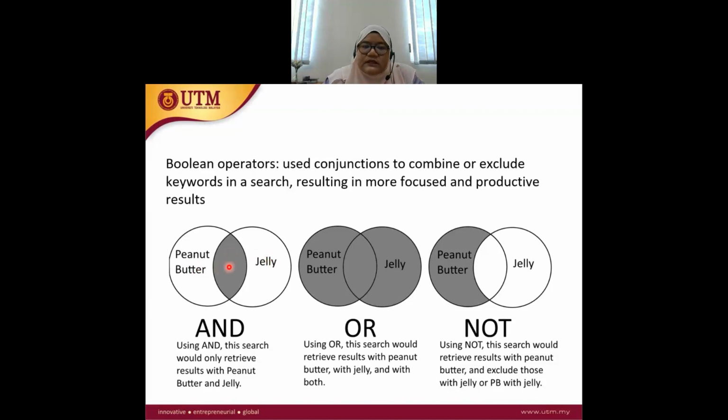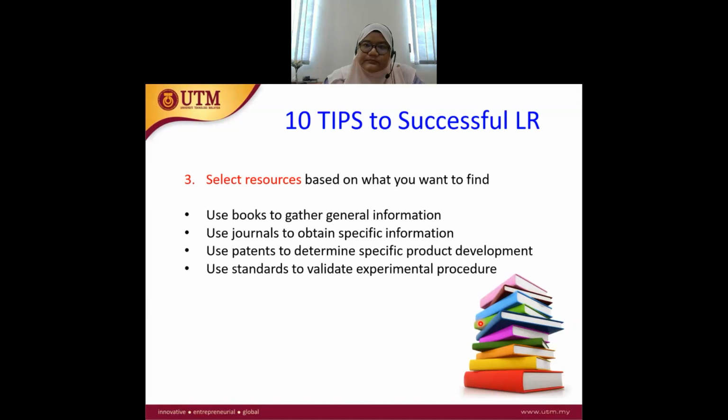If you use OR, peanut butter OR jelly, this search would retrieve results with peanut butter, with jelly, and with both. So all the information about peanut butter and jelly will come up. But if you use NOT, for example peanut butter NOT jelly, or jelly NOT peanut butter, you exclude those with jelly, or those with peanut butter.